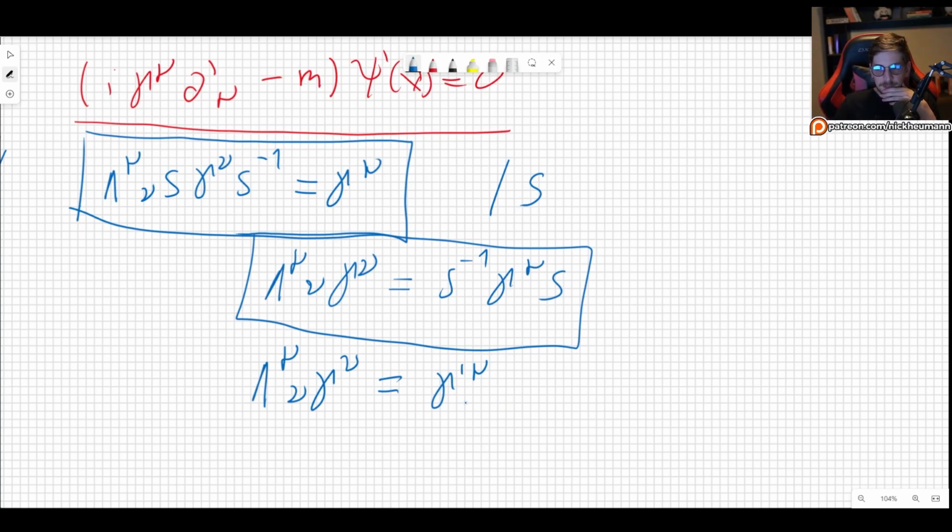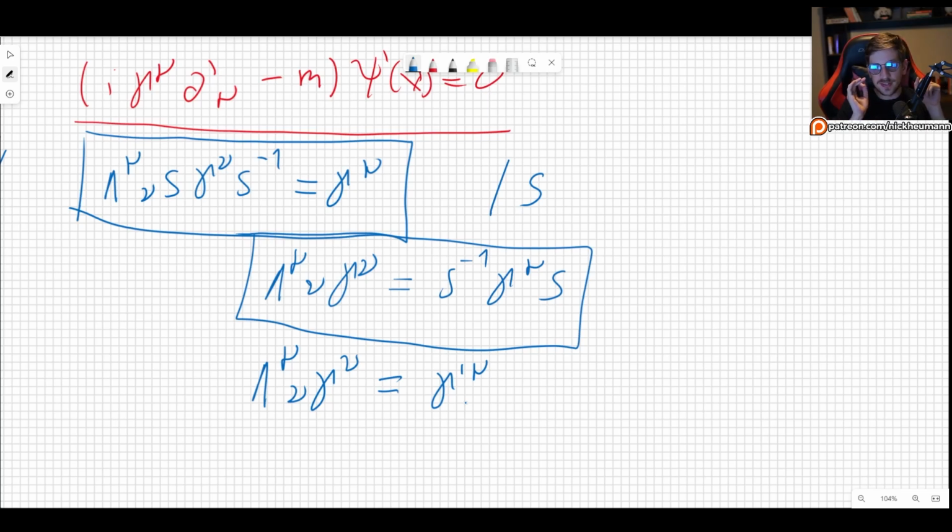But we have to keep in mind what we saw in a previous video. There we said that every gamma matrix representation is going to give you the same physics, so you can always go from one gamma representation to another.